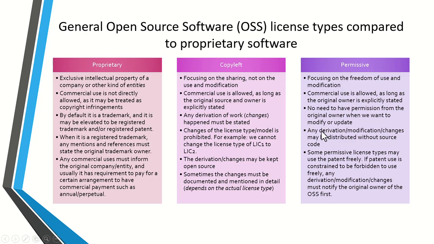Permissive also has the freedom to distribute without the source code. There's also this point: some permissive license types may use the patent freely. If patent use is constrained or forbidden, any derivation, modification, or changes must notify the original owner of the OSS first.